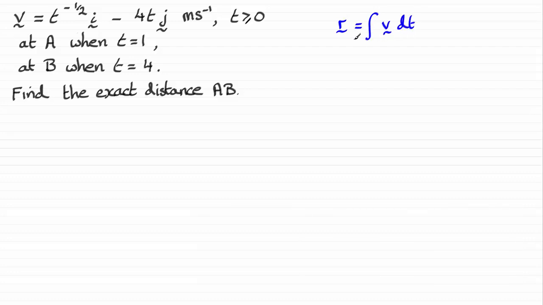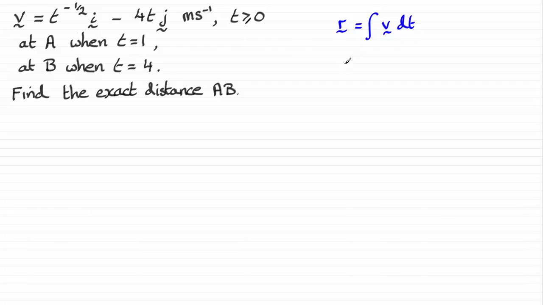So we'll do that, get an equation for r. Then I'm going to work out where it is when t equals 1, just by substituting t equals 1 into our final result here. And I'll do the same when t equals 4, and I'll call those position vectors RA and RB respectively.